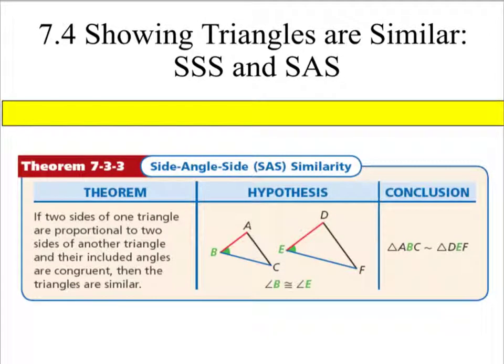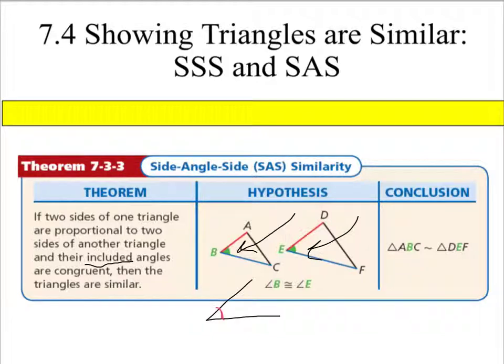Notice now we have side-angle-side similarity. Try this one. The key is to have the included angle. Remember, an included angle happens when two segments form together at one point.